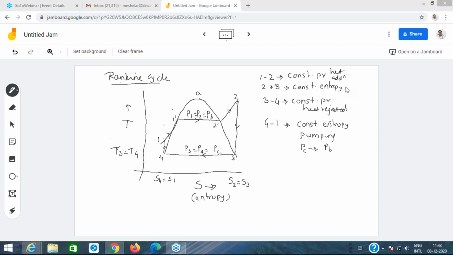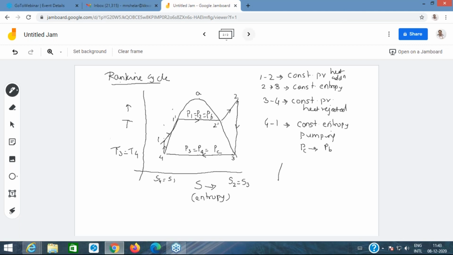Now let me go to the analysis of this. One can also represent this on an enthalpy entropy diagram. I'll just draw that diagram without explaining much. Let me just draw the enthalpy entropy diagram over here.